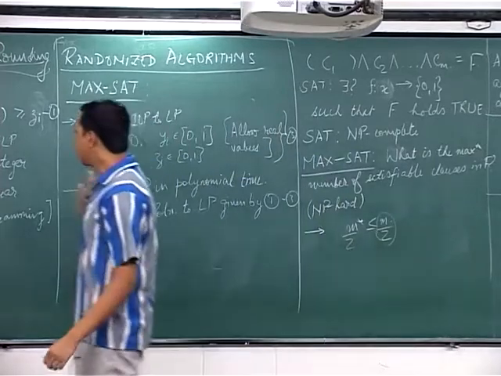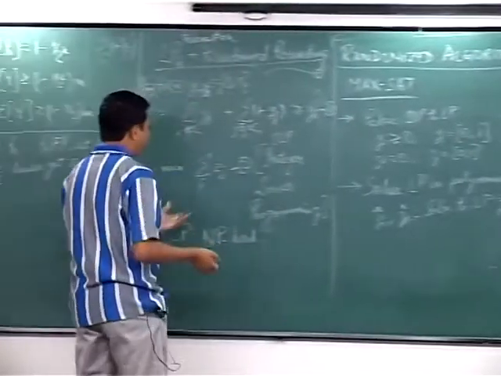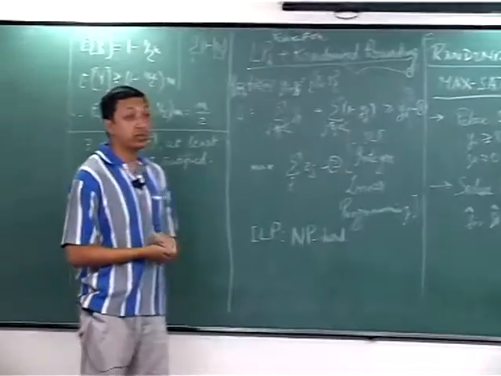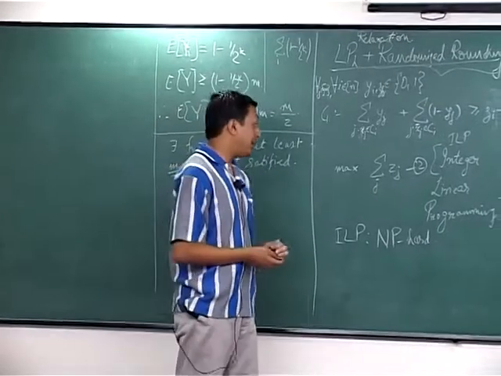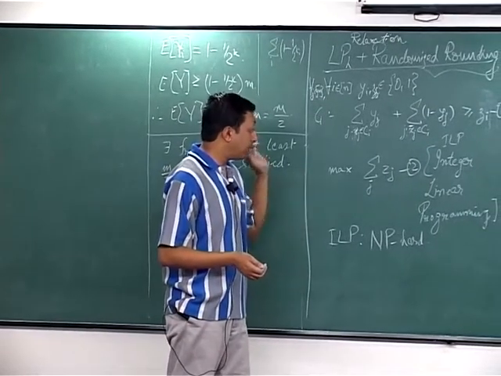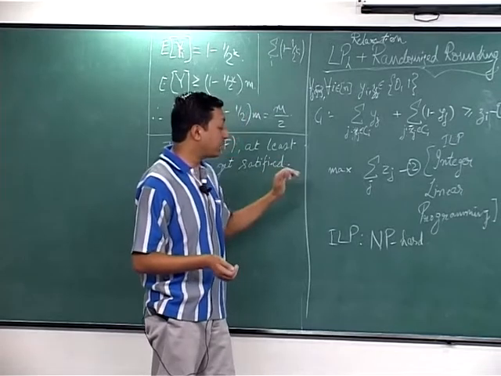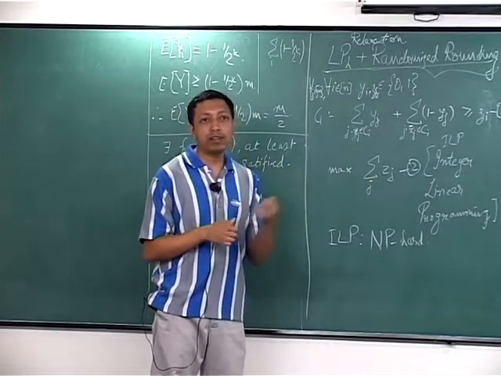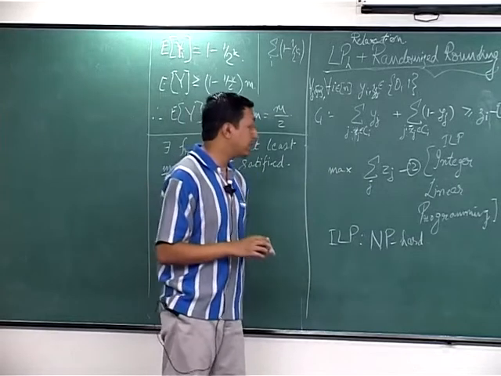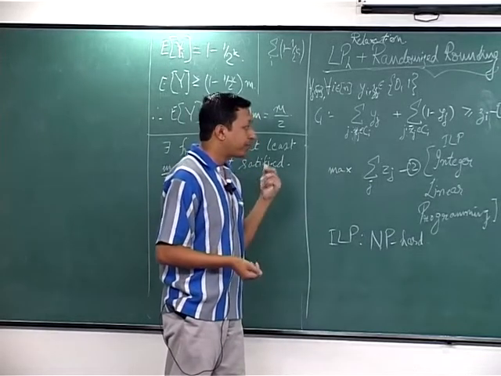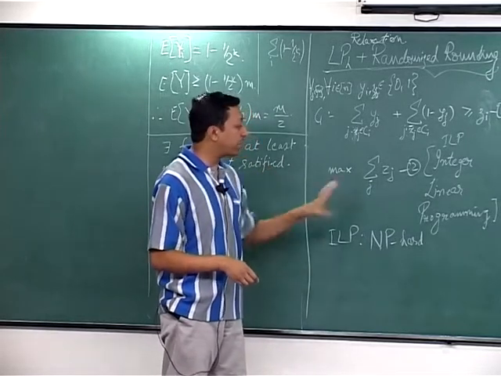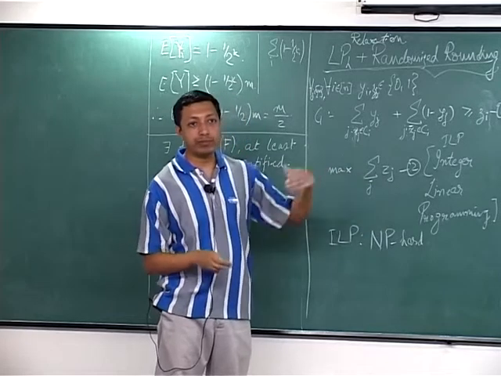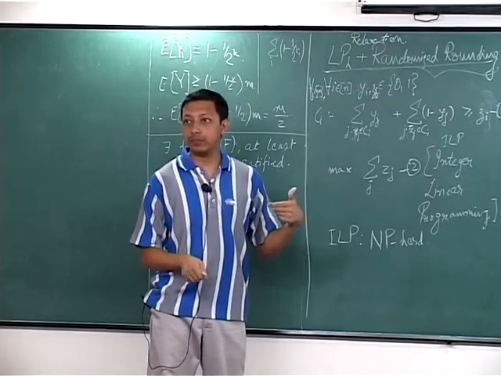So you will get some optimum value of clauses which get satisfied, but you know that now you are considering fractional or real values, so that solution doesn't really translate back to the integral case, right?